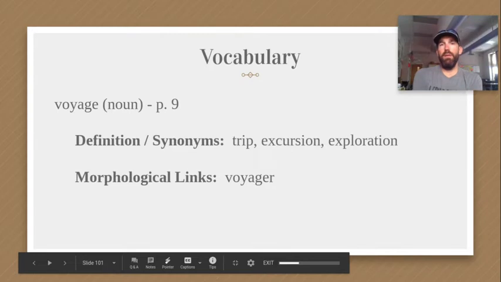And a voyage, as you've probably heard before, is a trip, an excursion, or an exploration. If you go on a voyage, you might be sailing there, you might be flying there. It doesn't necessarily need to be where you're going to be the first person to explore something, but someone who goes on that trip or excursion or exploration is commonly called a voyager.